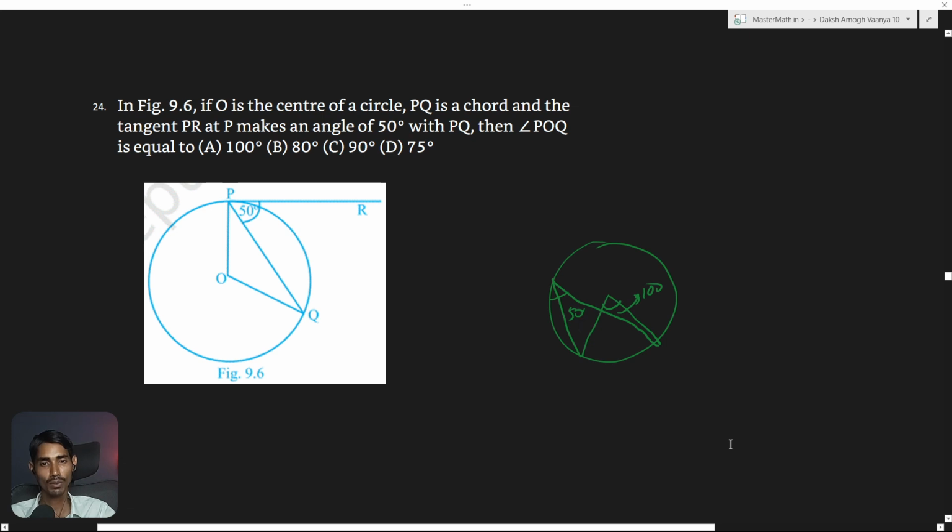No. The angle at the center is equal to twice any other angle. You could have it here, you could have it here, anywhere. All of these would be 50, 50, and at the center it is 100.